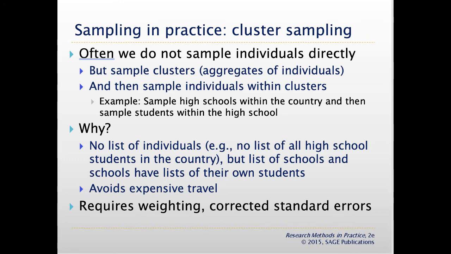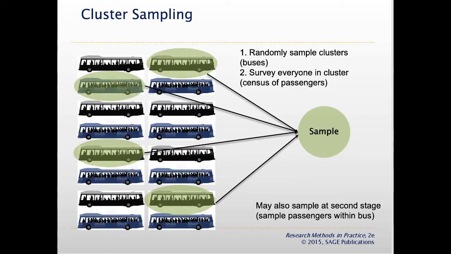So let's look a bit more at what a simple cluster sampling might look like. Supposing you want to survey bus passengers. Well, you don't have a list of bus passengers. And also, they may be spread out. So what do you do? You first get a list. Maybe you have a depot, you get a list of buses that are going to depart there. You randomly sample the buses. Then you get all the passengers on the bus, and that creates your sample.